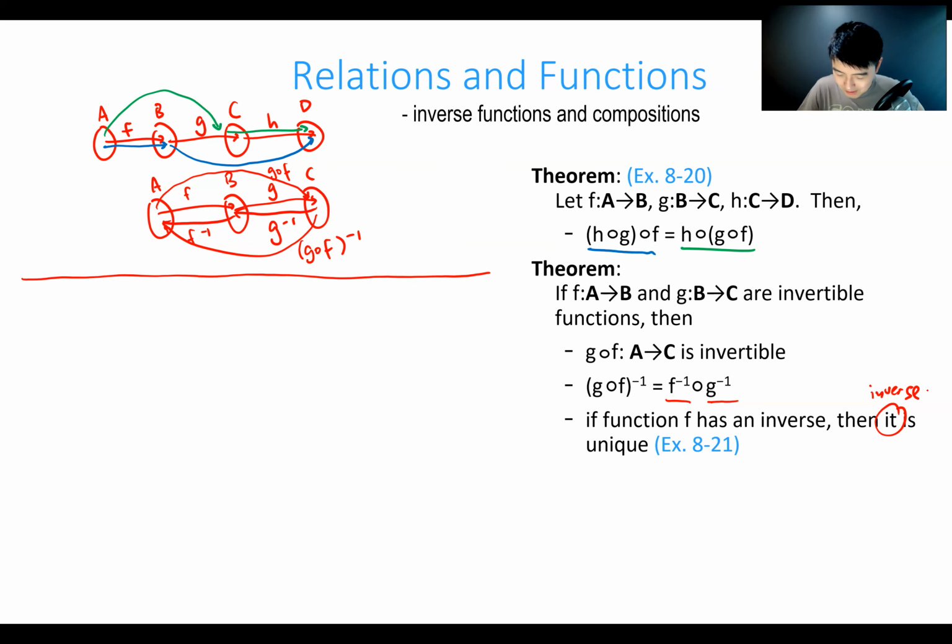Number two, if there are two of them, then those two are equal. So the first part is that there exists the object, and the second part is that if there are two objects, then they must be the same.